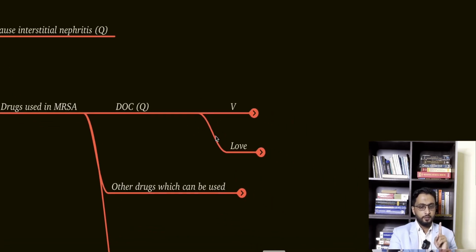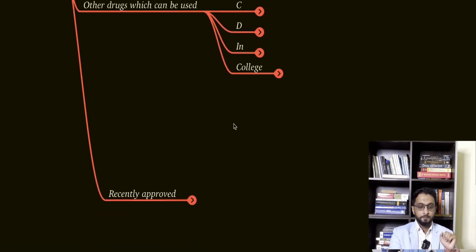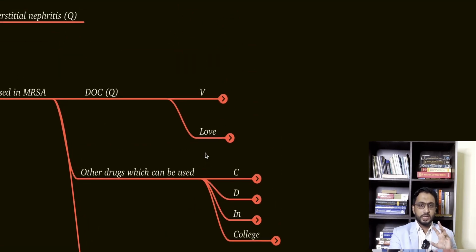Drug of choice: we love. Other drugs: CD, conservative dentistry or complete denture, whatever, in college. Good to note it down. And one drug was very recently approved; I'll come to that. So, we love: V is not penicillin V, it's vancomycin. Vodka was penicillin V, here it's vancomycin. We studied vancomycin very recently.